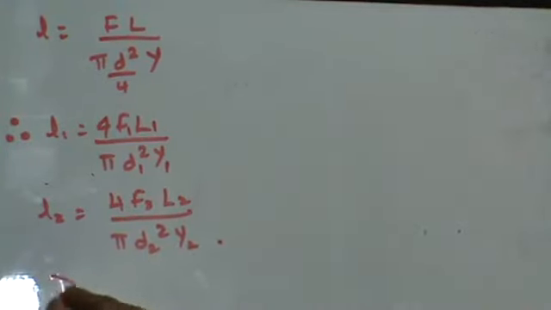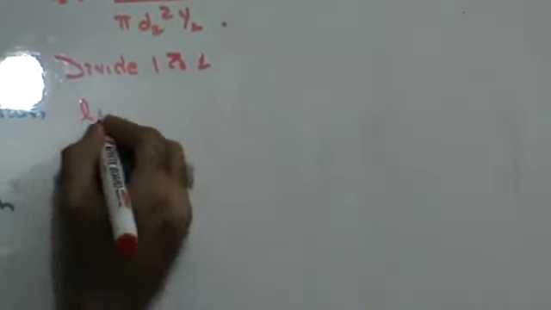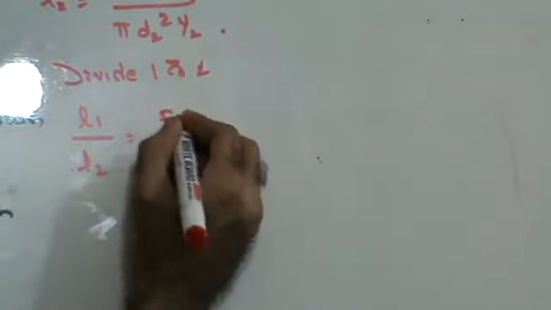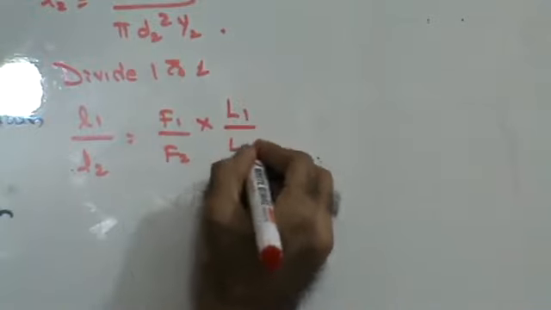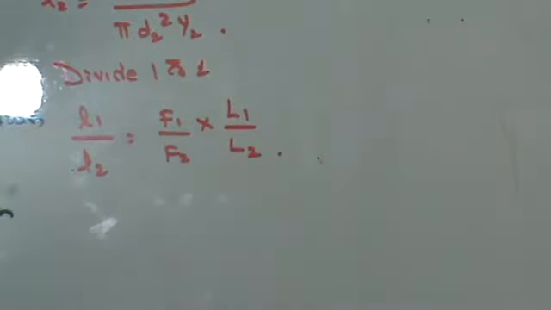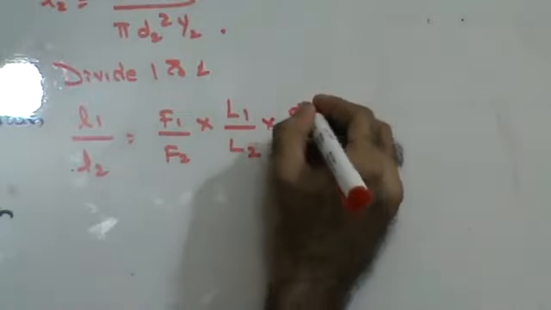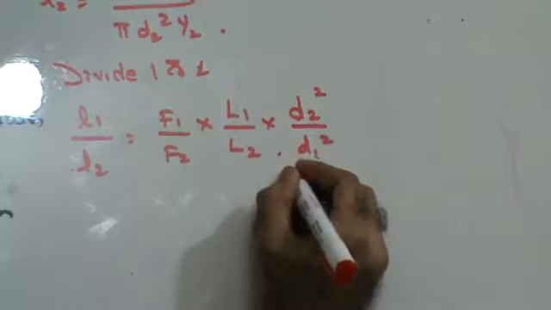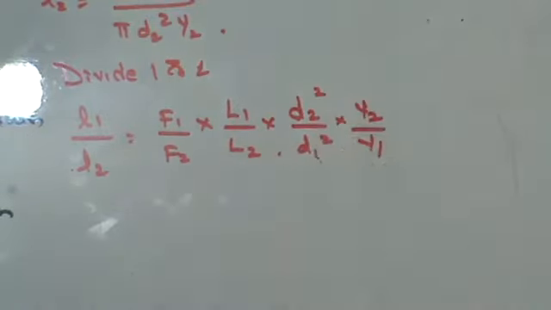I'll get l1 upon l2: 4 and 4 get cancelled, I'll get F1 upon F2, L1 upon L2, and denominator becomes numerator, so this will be d2 the whole square upon d1 the whole square, and Y2 upon Y1.